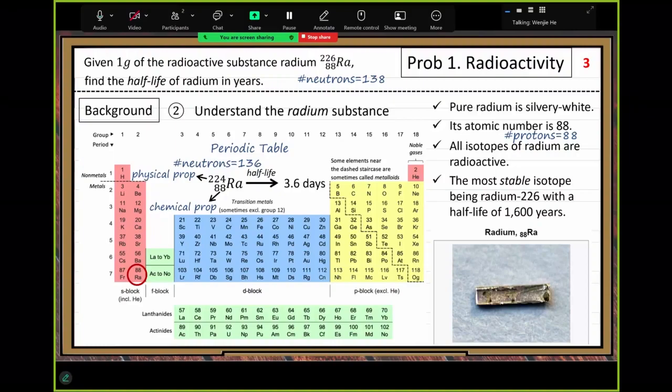So here you can see, due to these 2 numbers being different, their half-lives are quite different. So the half-life, this property, they have different physical property, right? One is very stable, the half-life very long. Another is unstable, half-life very short. So they have different physical properties. All right.